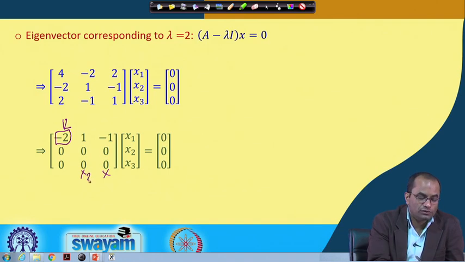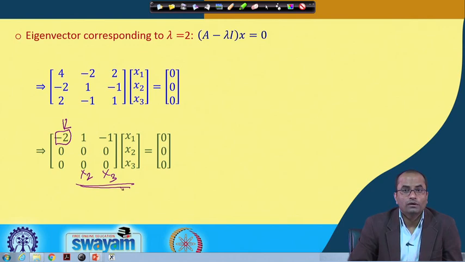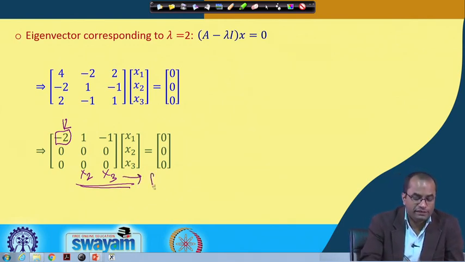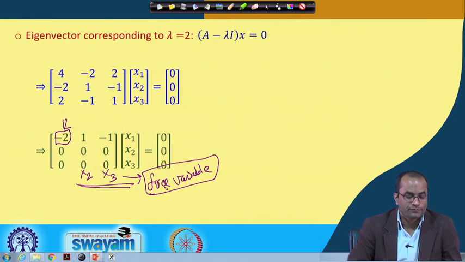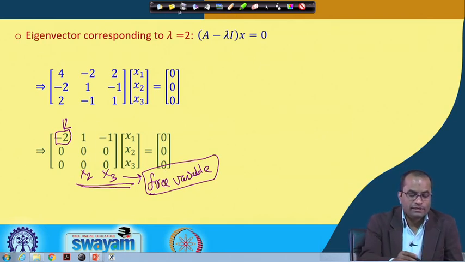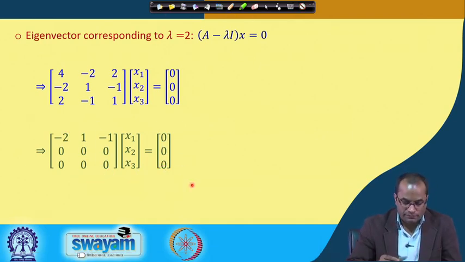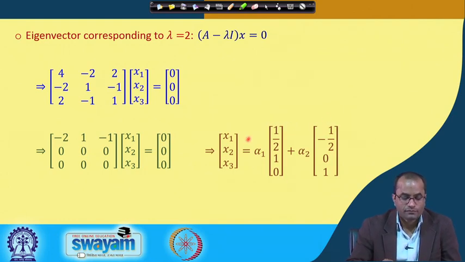So, x2 and x3 will be free variables, and we can assign any value to them. That means we are going to have two linearly independent eigenvectors, because the number of free variables decides exactly how many linearly independent eigenvectors we will get.